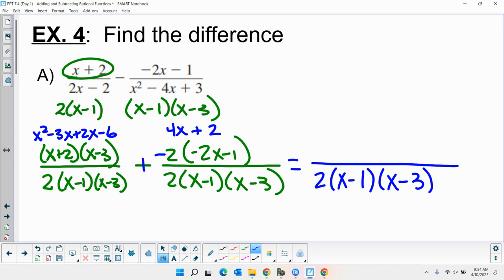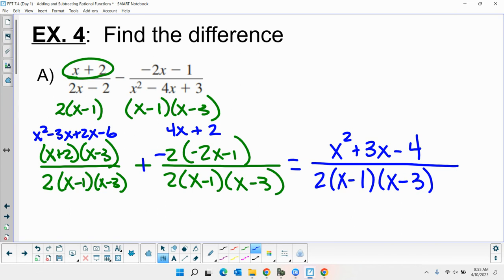All right, so combining my terms, I got an x squared, no other x squareds. I got negative 3x plus 2x is negative 1x plus 4x is 3x. And I got negative 6 plus 2 is negative 4. Can I factor that numerator now?